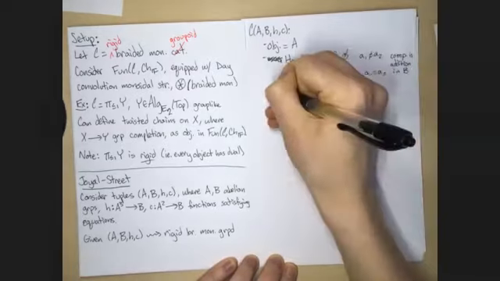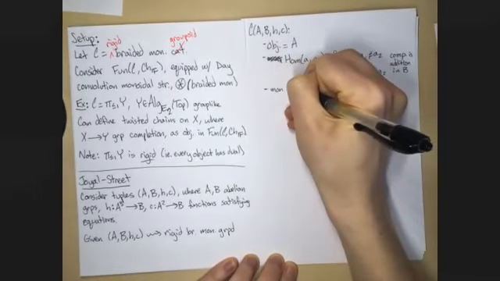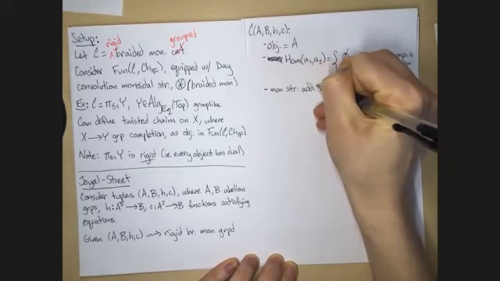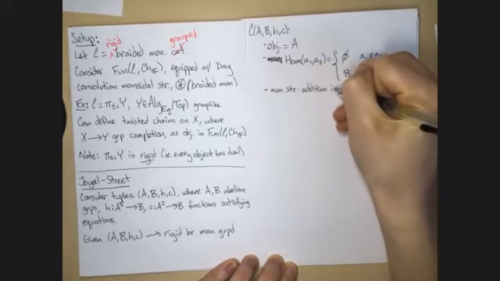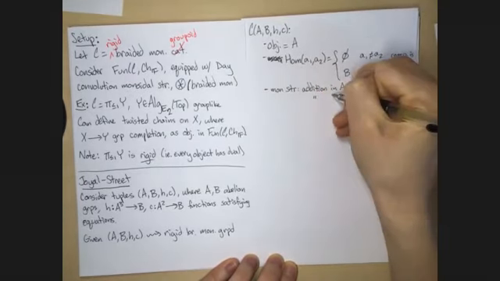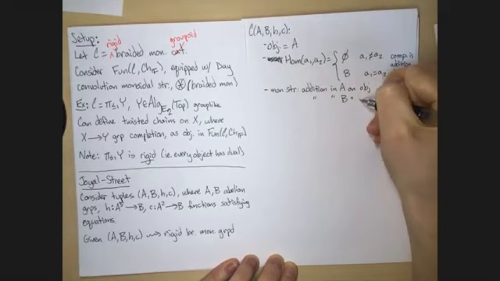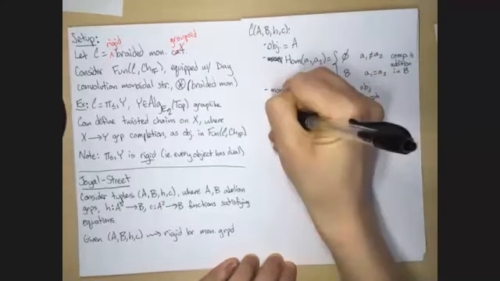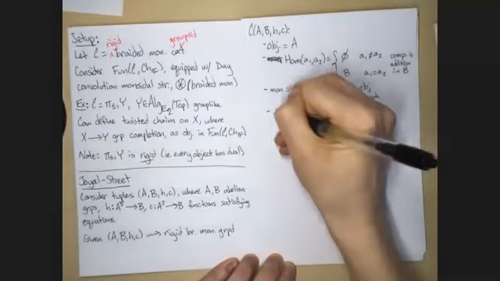Okay, and we can also define a monoidal structure here. So the tensor product on objects is given by addition in A, and it's given by addition in B on morphisms. And now I also need to tell you what the associators are.